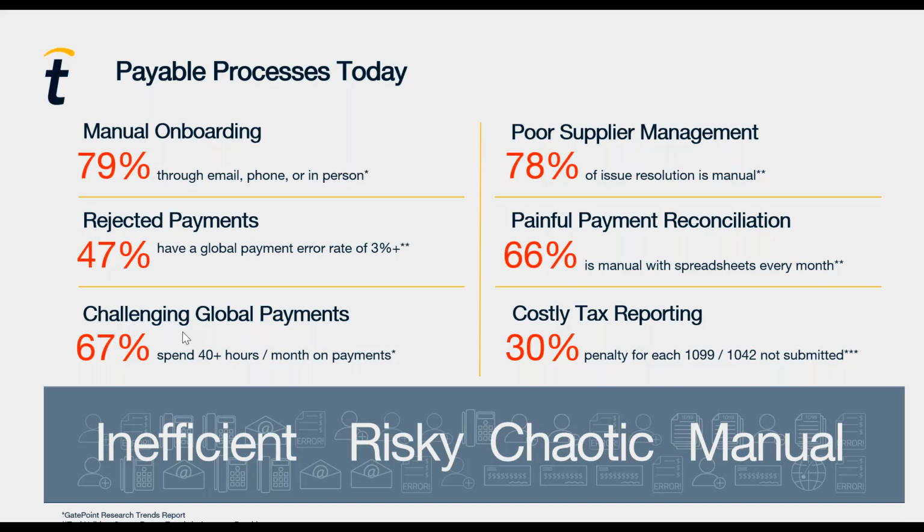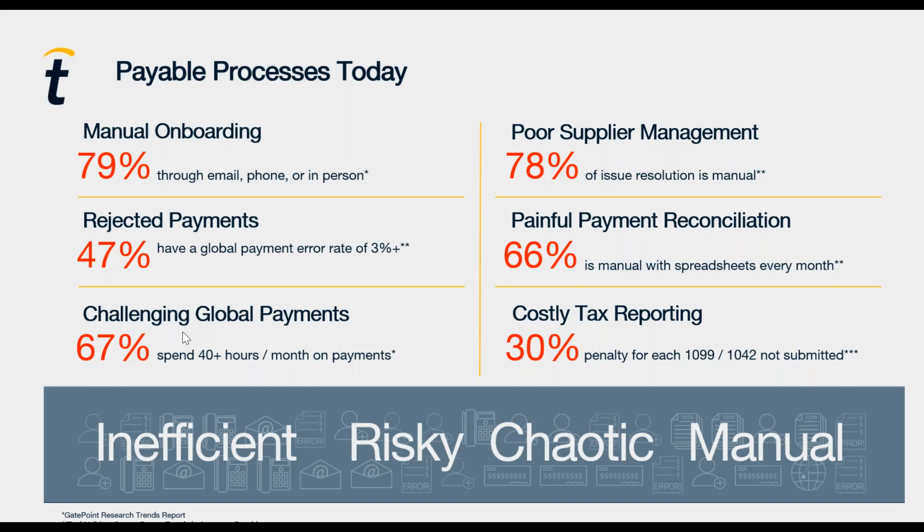Processing invoices is also very manual, with many companies buried by paper invoices that require manual rekeying into ERPs. And then time is spent chasing down approvals, which is why the average all-inclusive cost to process an invoice is pretty high, and it's actually around $20 to process an invoice.